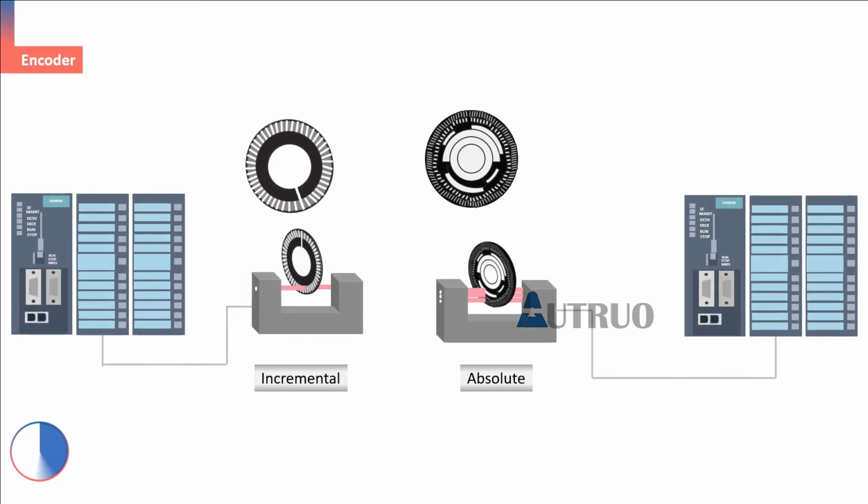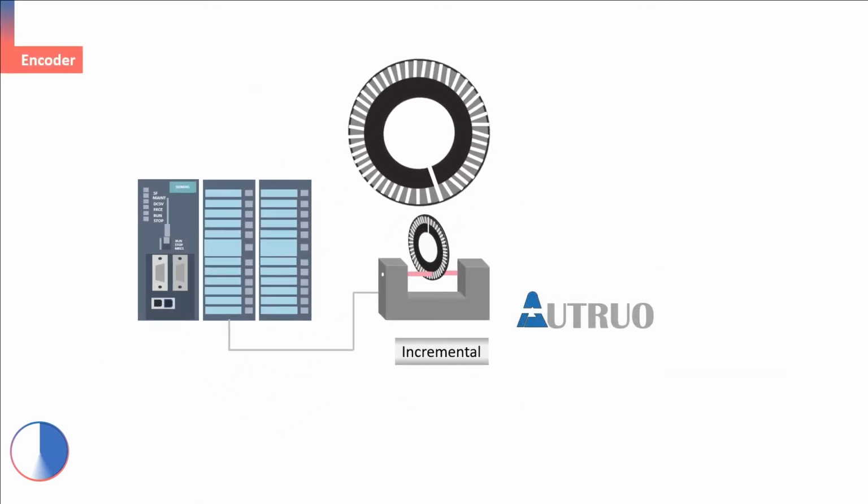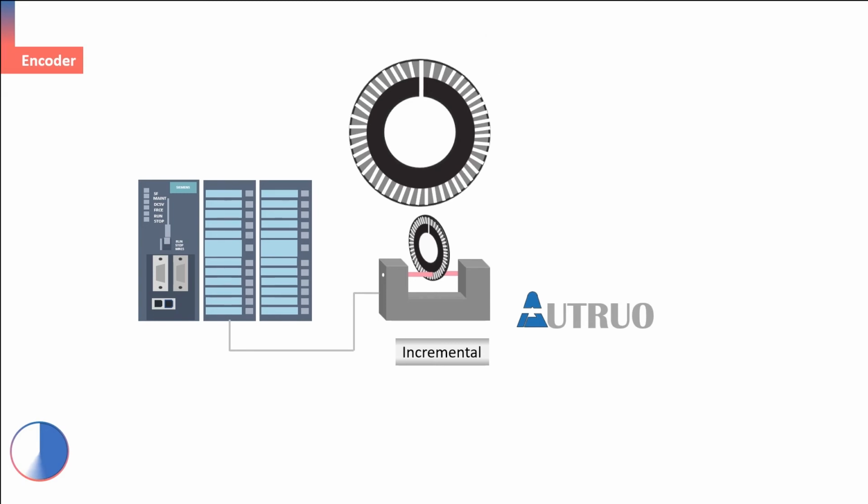Although both the incremental and absolute encoder are similar in applications, incremental encoders are usually referenced to a known fixed location or home. This is done in order to achieve meaningful positioning information. This is because an incremental encoder loses its position when the power supply is interrupted, while an absolute encoder maintains the position of the shaft.